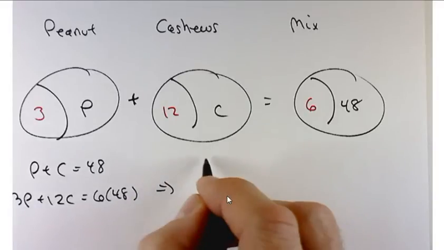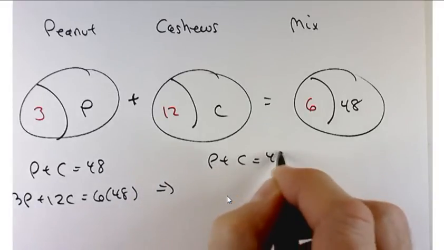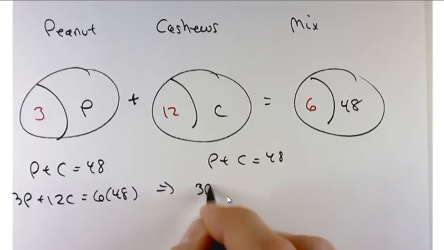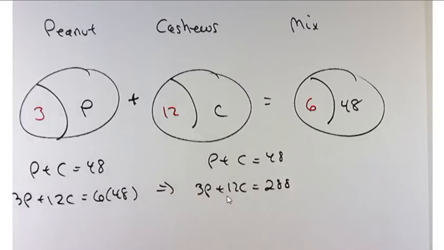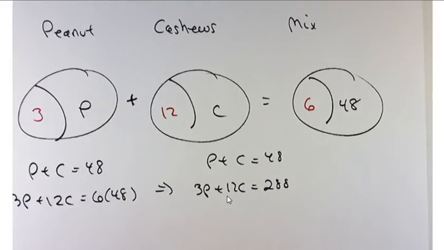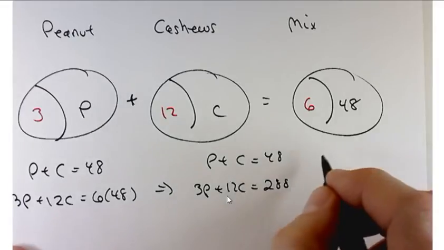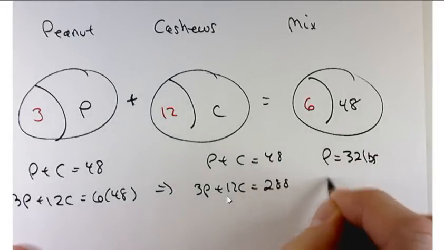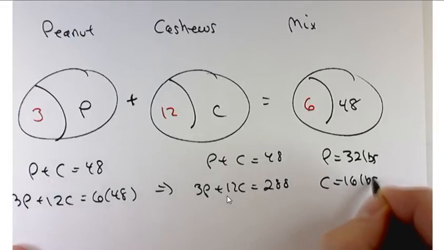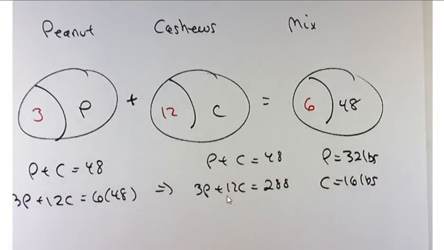So P plus C equals 48, and 3P plus 12C equals 288. And there's your system of equations. If you actually worked it out, you end up with P equals 32 pounds and C equals 16 pounds. Okay.